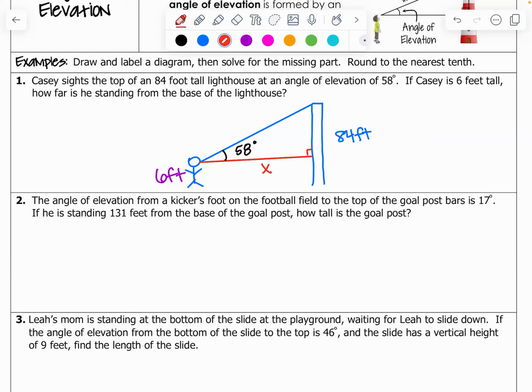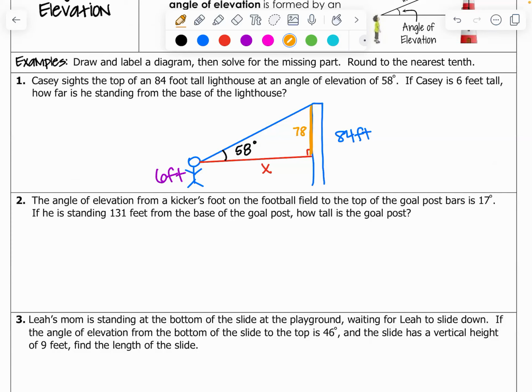Sam, you noticed something. The opposite side of 58 is going to be considered what? You agree that this orange piece right here is 78?